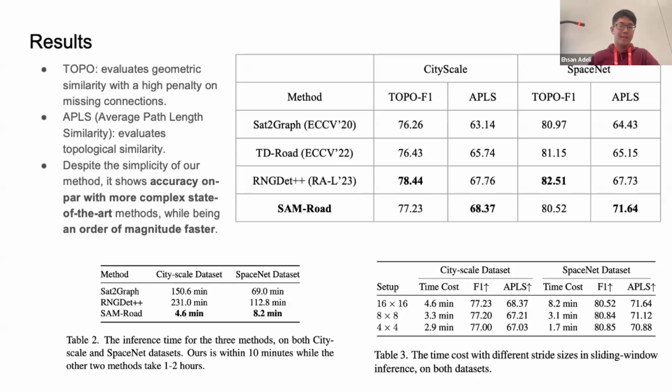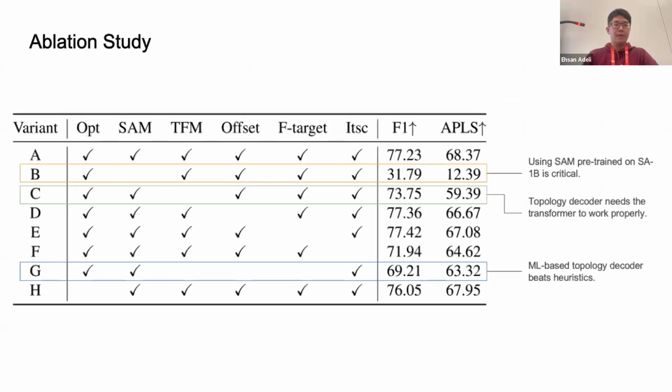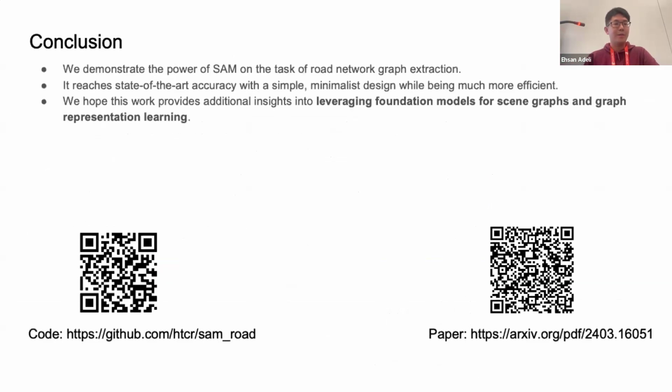You can get even more speed up by sparsifying the sliding window inference. You can find more ablation studies in our paper. But in conclusion, we demonstrate the power of the Segment Anything Model, a foundational vision model, on the task of road network graph extraction. It reaches state-of-the-art accuracy with a much simpler minimalist design while being much faster.